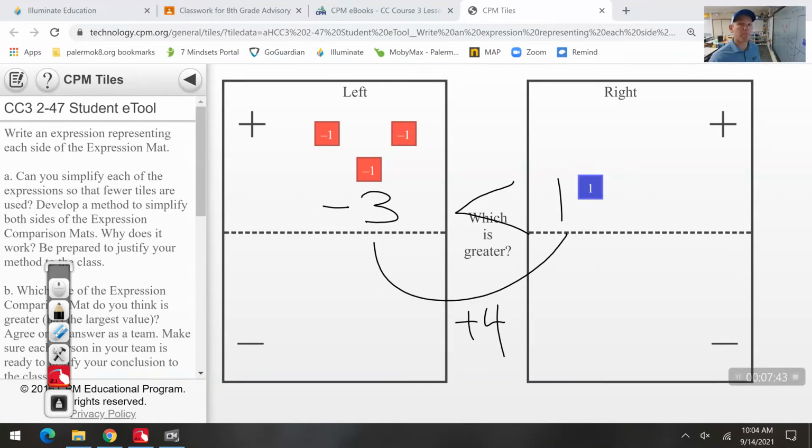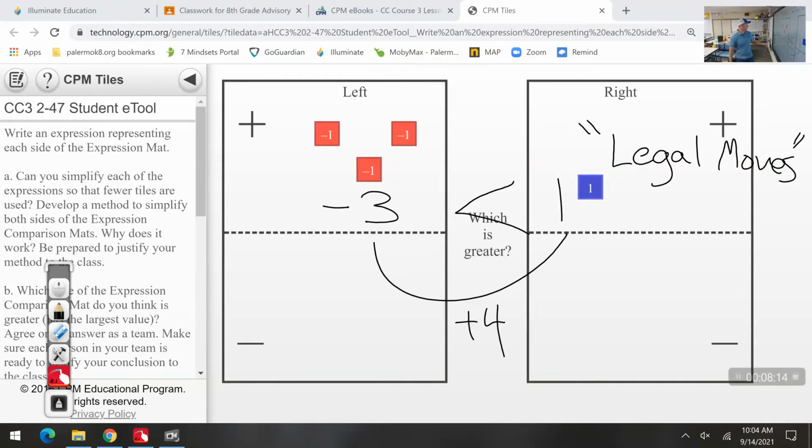We can simplify both sides of the expression mat as long as we use legal moves.